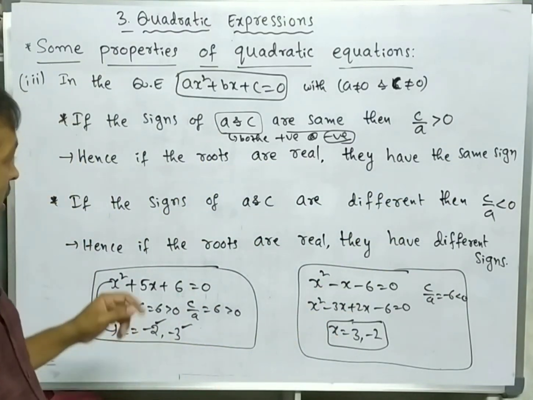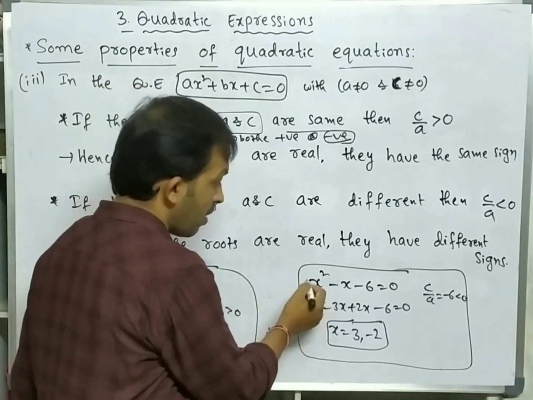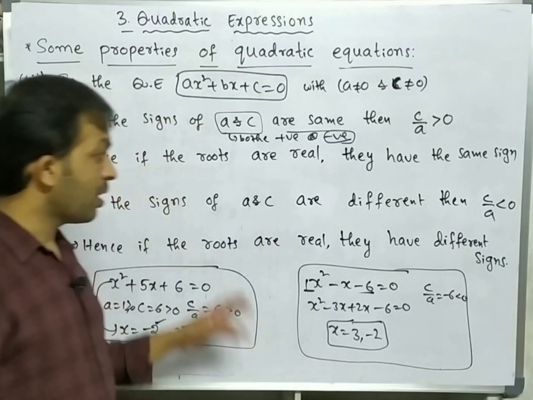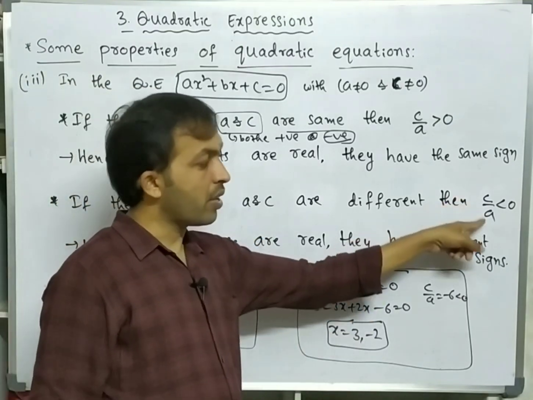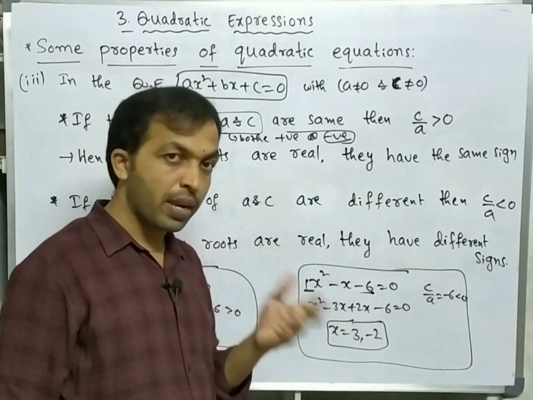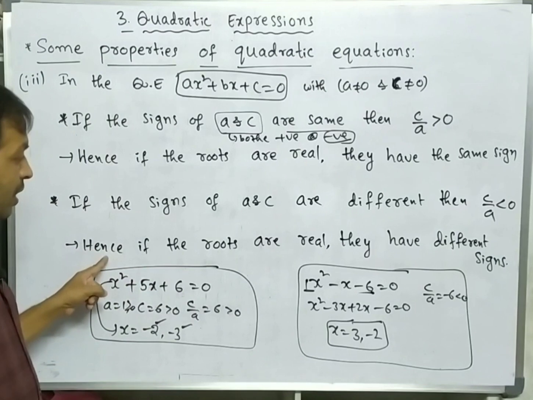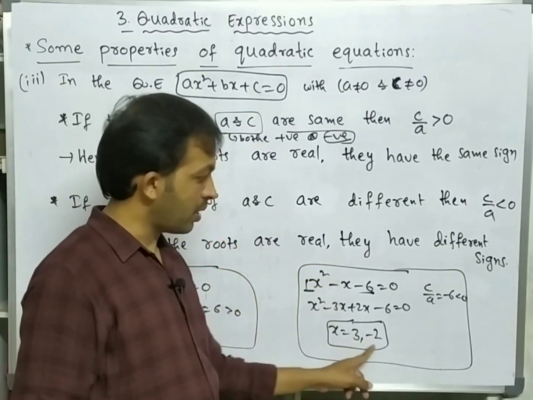Okay, like this. If the signs of a and c are different, a value 1, c value minus 6, one is positive, one is negative, then the ratio is automatically negative. Positive by negative or negative by positive becomes negative. Hence in this case the roots are of opposite sign, different sign.